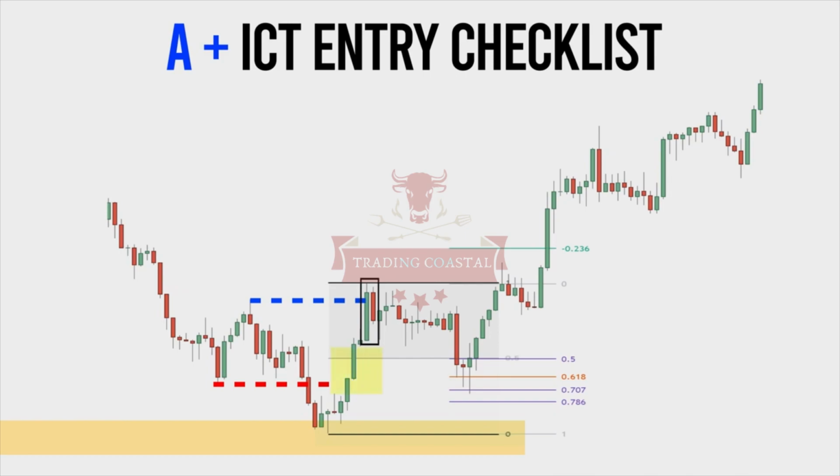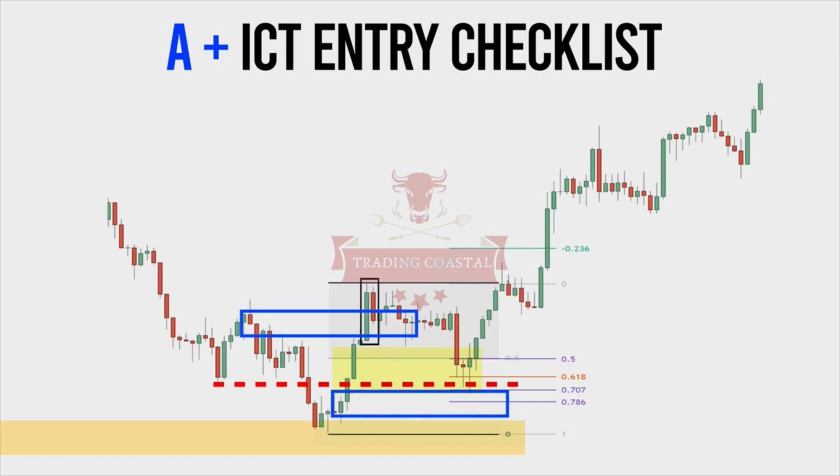Additionally, I consider the presence of a fair value gap, which is well noticeable in this case, along with an order block represented by a downward closing candle. Furthermore, the breaker block comprises the upward closing candles prior to the raid on liquidity. Lastly, I look for the box setup, aiming for price to reach a particular area. As you can see, all these concepts are evident in this example.